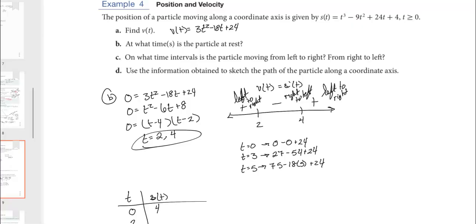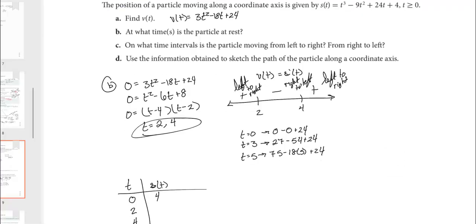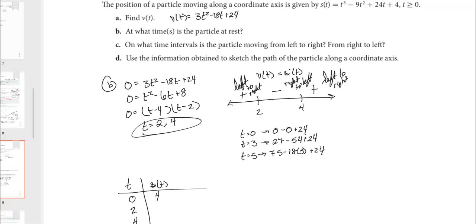So at time 0, this position is at 4. When I plug in 2, and I'm going to do this off screen with my calculator, we're at 24, and at 4, we're at 20.